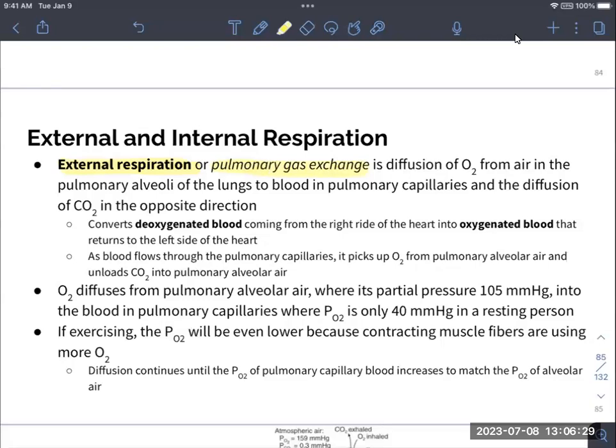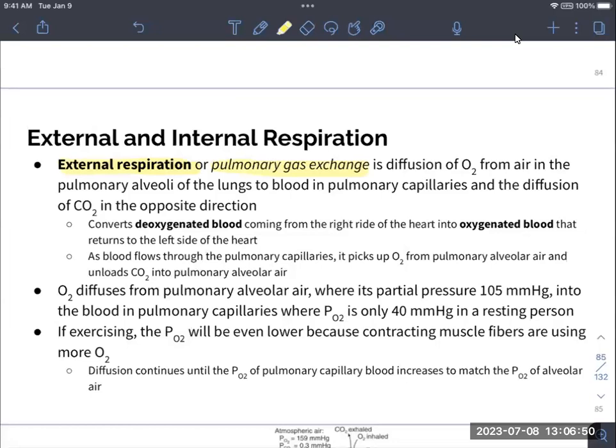Carbon dioxide will diffuse the other direction. So we're taking that deoxygenated blood that just came from the right side of the heart, and we are turning it into oxygenated blood that will go to the left side of the heart that will travel around the body.